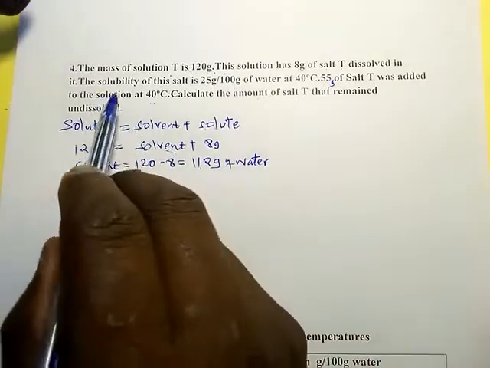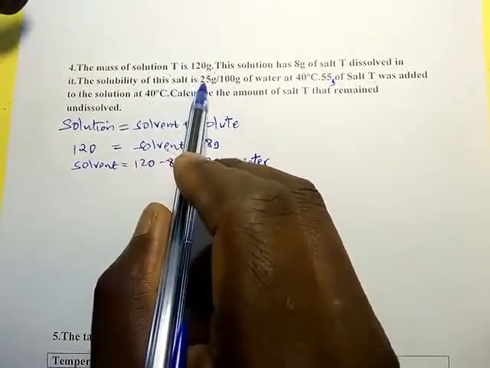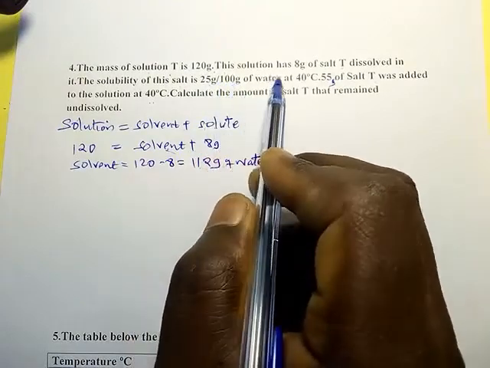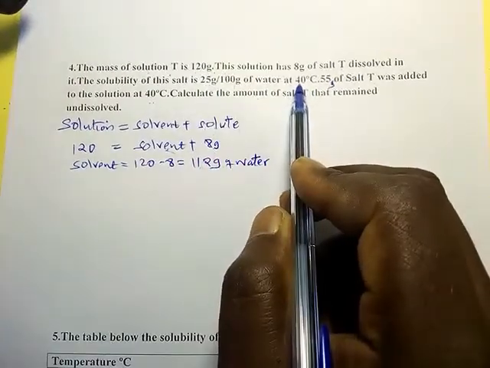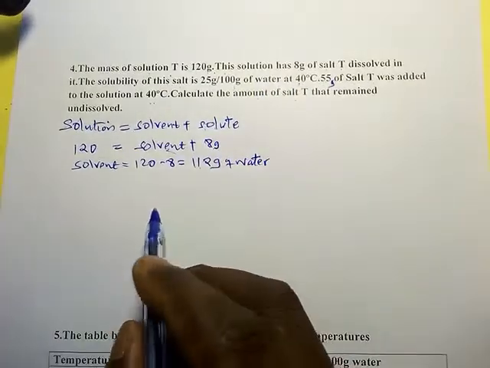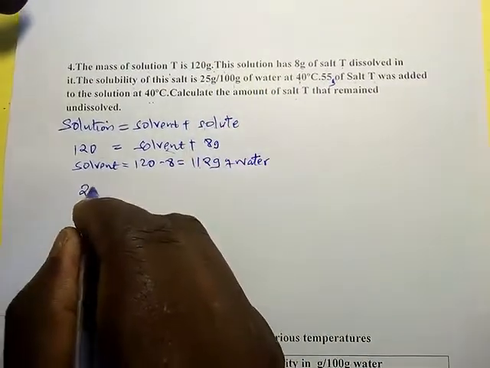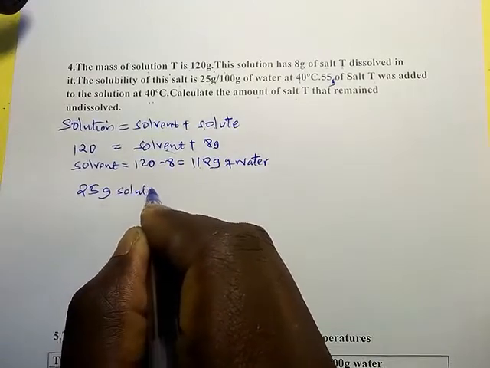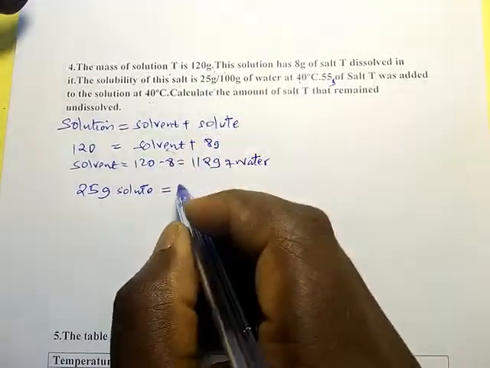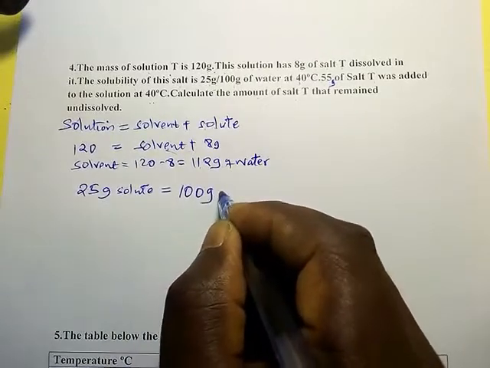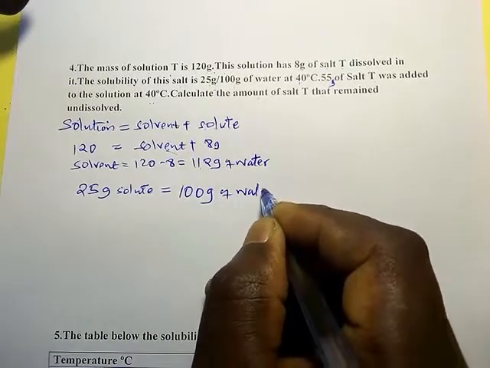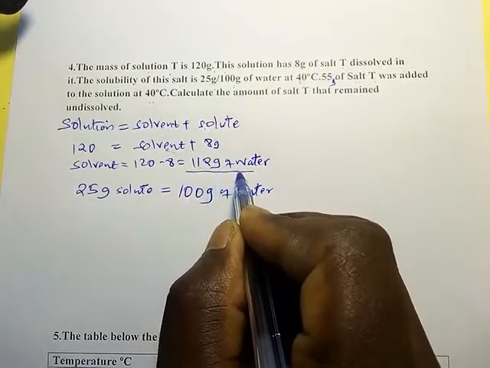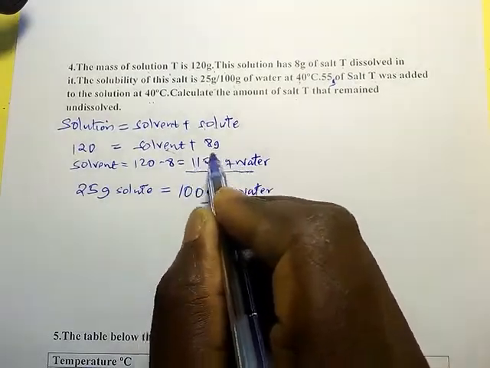But we are told that the solubility of this salt is 25 grams per 100 grams of water at 40 degrees Celsius. So the next thing we are going to ask: we know that 25 grams of the solute, that is the solubility, is contained in 100 grams of water. First, we want to know our solvent. What will be the total mass contained in this volume?